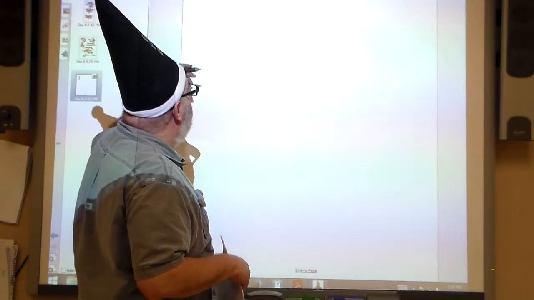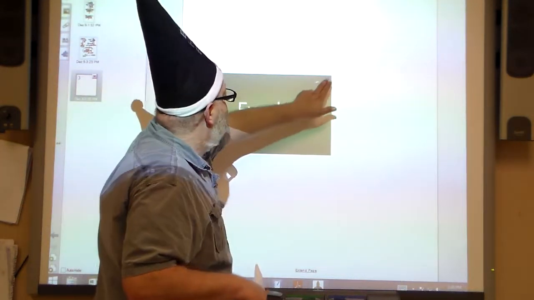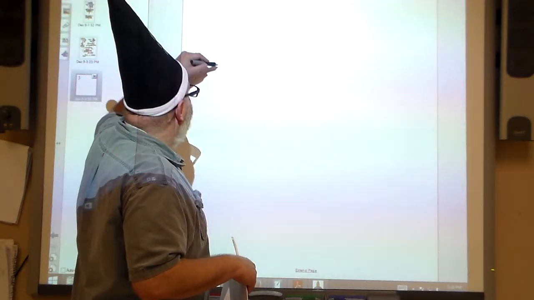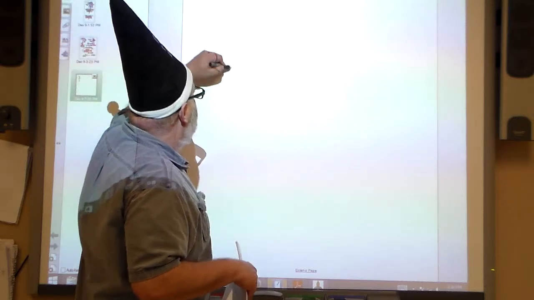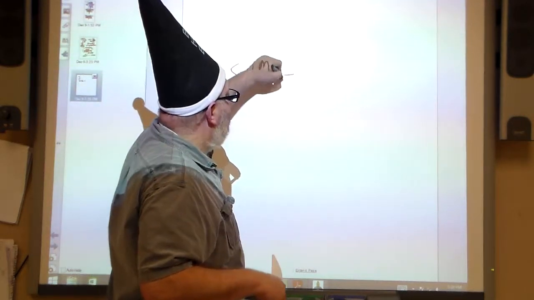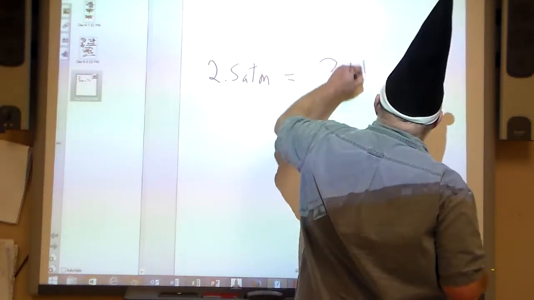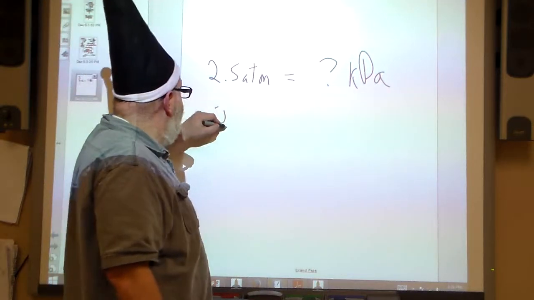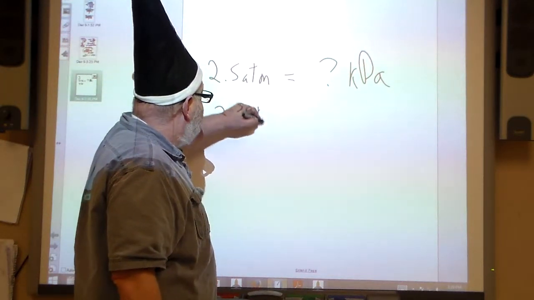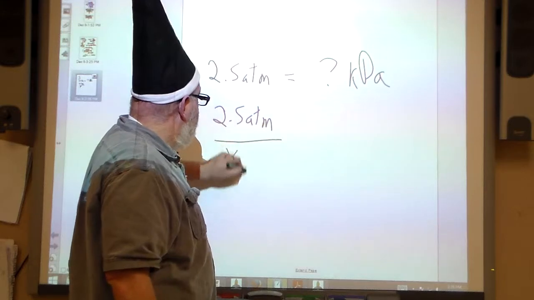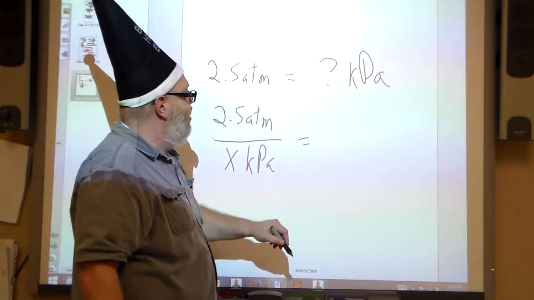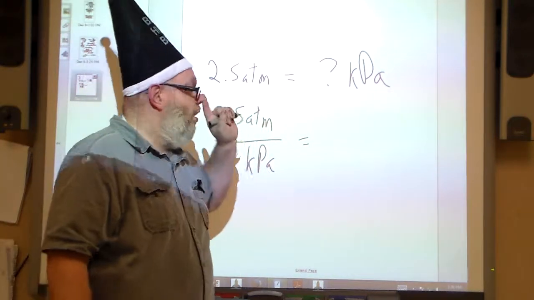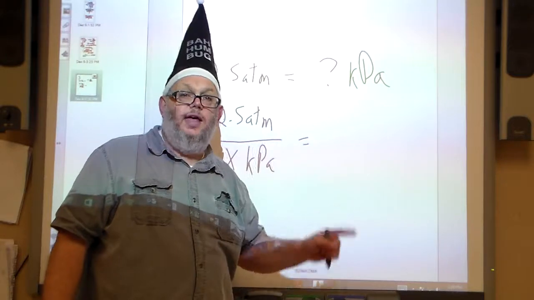So if I have, for example, 2.5 atmospheres equals how many kilopascals? When you look at something like this, I'm going to go 2.5 atmospheres over X kilopascals, and that's going to equal, and here's the key thing you have to pay attention to, what's at sea level.